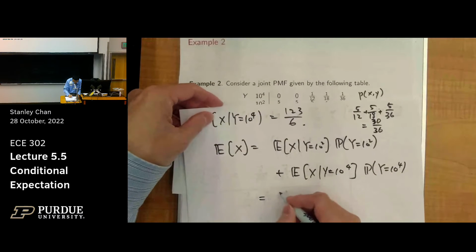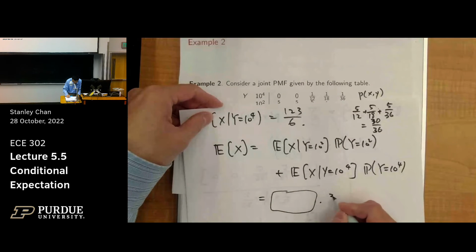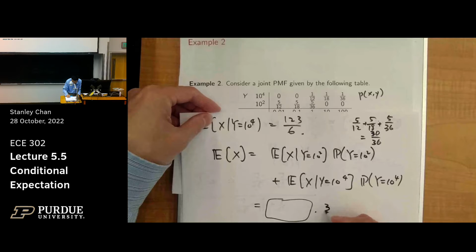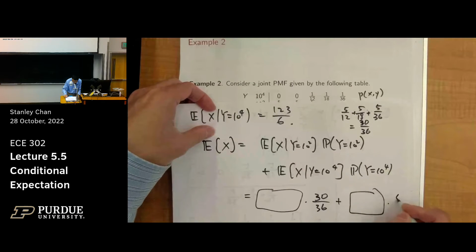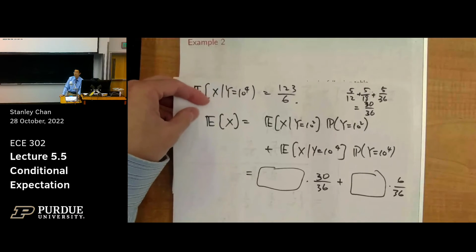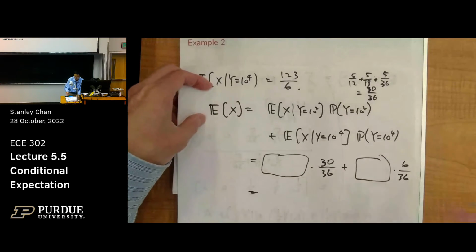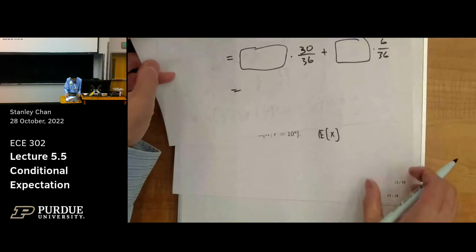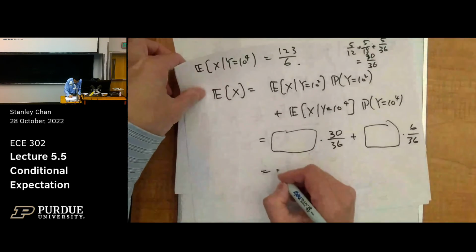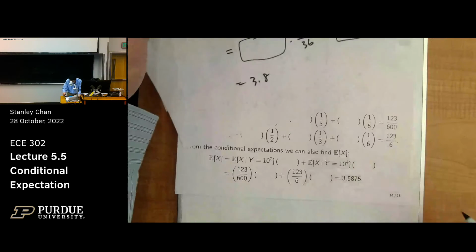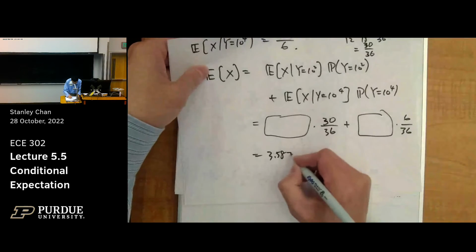So this is some number times 30 over 36 plus the other number times 6 over 36. Assuming that we are right, we will get to the final result, which is 3.5875.